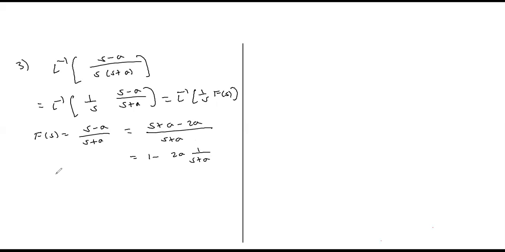So if I want L inverse of f of S, it is L inverse of 1 minus 2A into 1 by (S plus A). That is e power minus A t, or what?